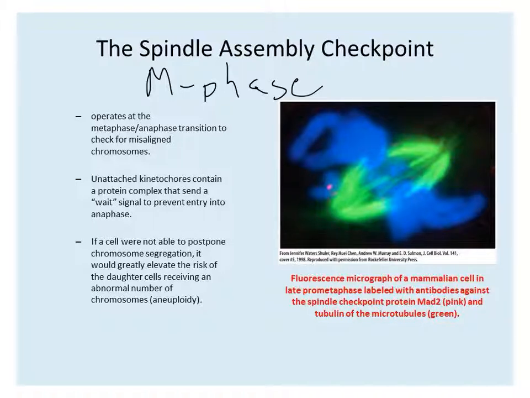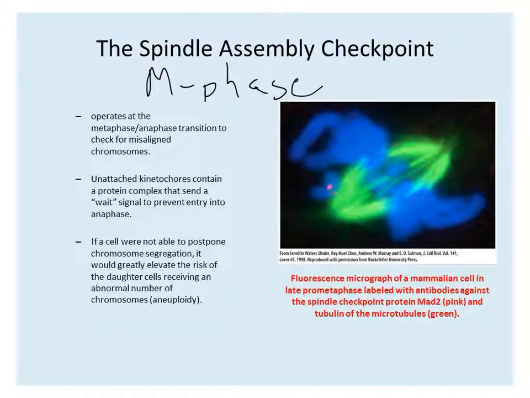And this suppresses the activity of a key protein called APC. So if the chromosomes are not aligned, then essentially the APC will not be activated, and therefore you do not get initiation of anaphase.